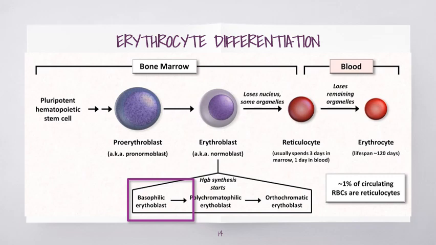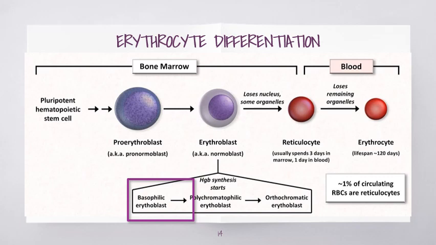Before that, the next series: as the proerythroblast matures, it becomes the basophilic erythroblast. So I want you to remember that in the erythrocytic lineage, from the mature cell down to the erythrocyte, the main goal is to remove the nucleus of the cell.